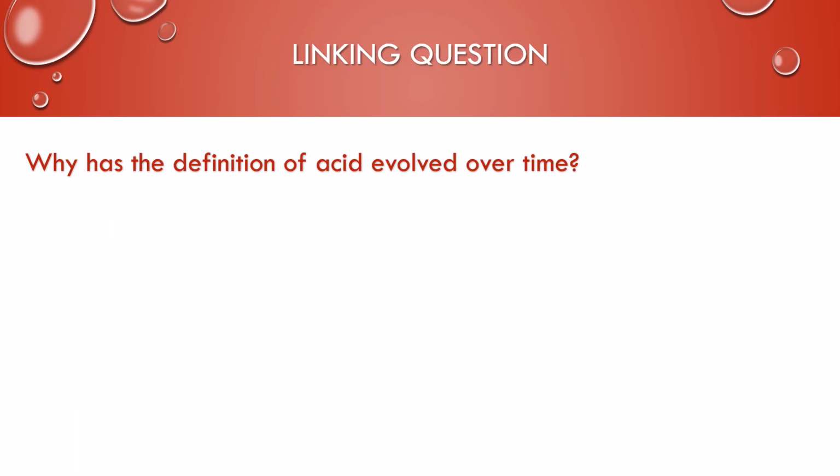So this linking question is why has the definition of an acid evolved over time? So we use the Bronsted-Lowry definition, but we also have Lewis definitions of acids and bases. And really, as we're getting more information, new discoveries, and new data to support the new definitions, but also being applicable in different scenarios.